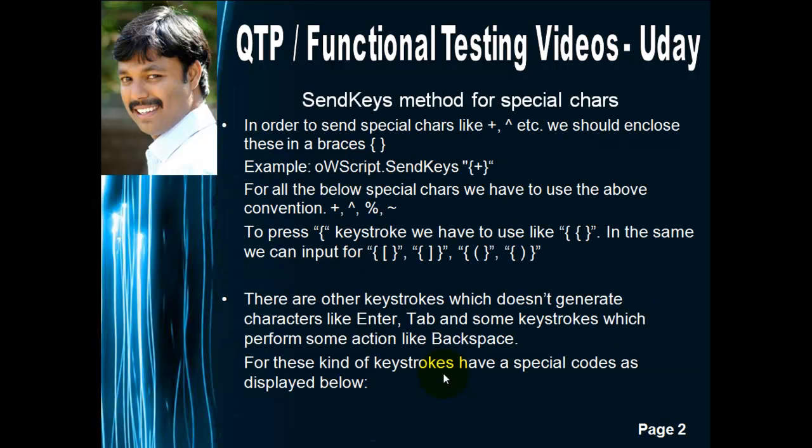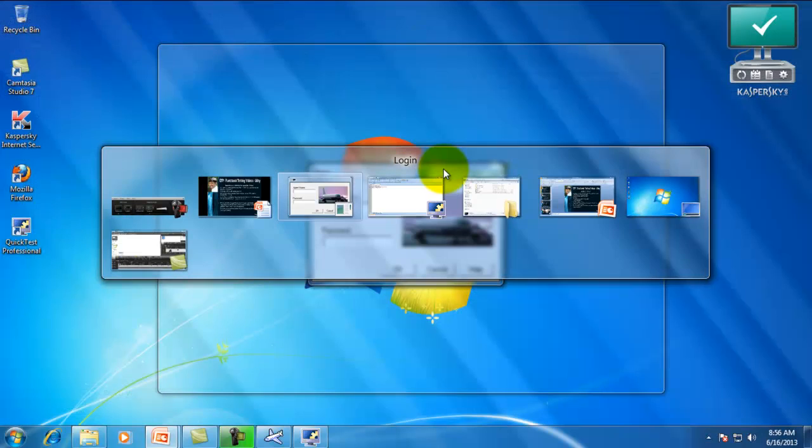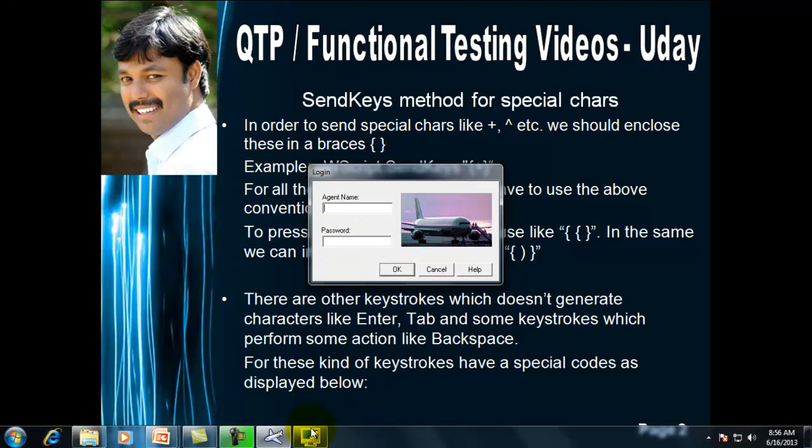There are some special characters like plus, caret, or opening parenthesis or closing parenthesis. In order to enter these values, we have to put that character in curly braces. I will demonstrate it in our example.